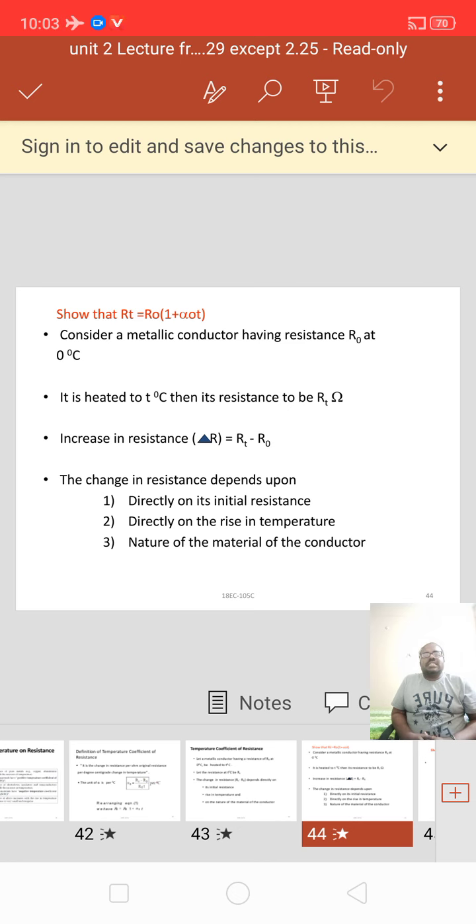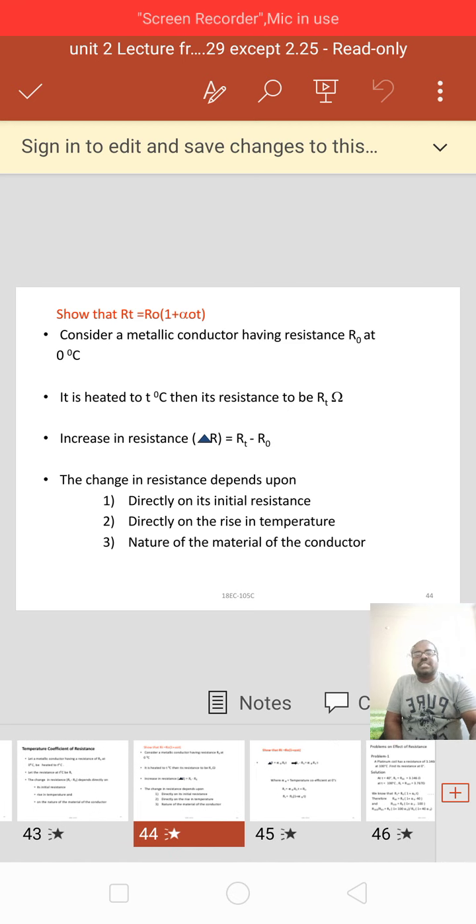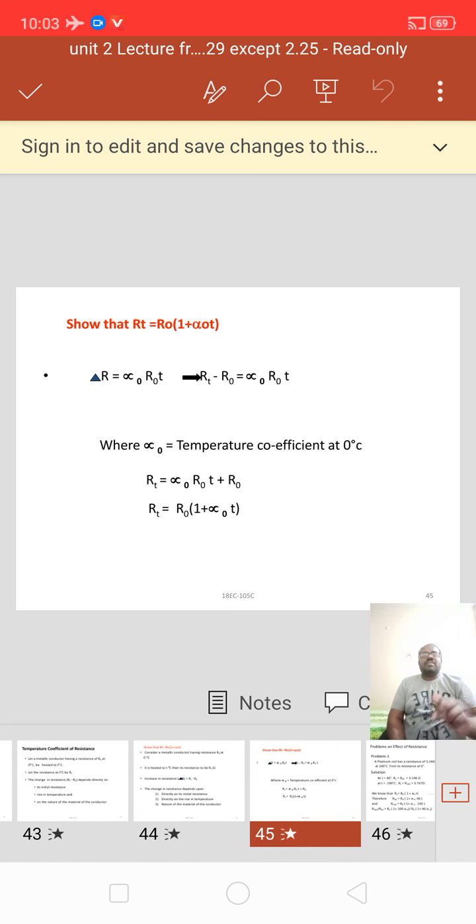Increase in resistance, delta R, equals RT minus R naught. The change in resistance delta R depends directly on its initial resistance, directly on the rise in temperature of the body, and on the nature of the material of the conductor.